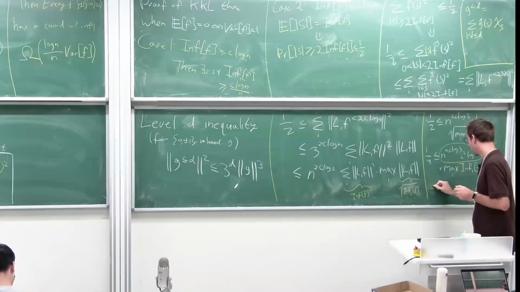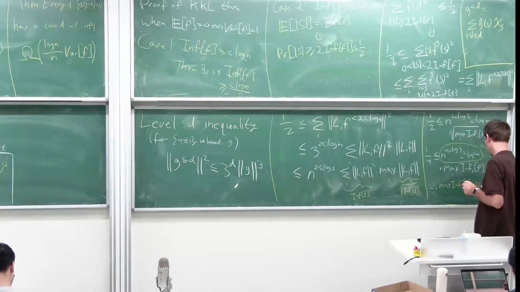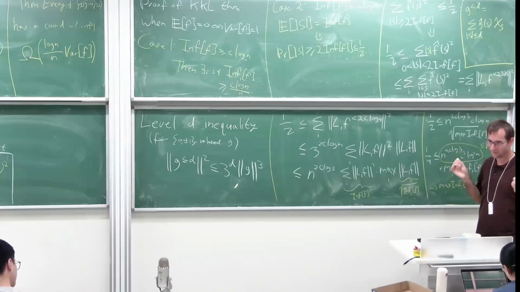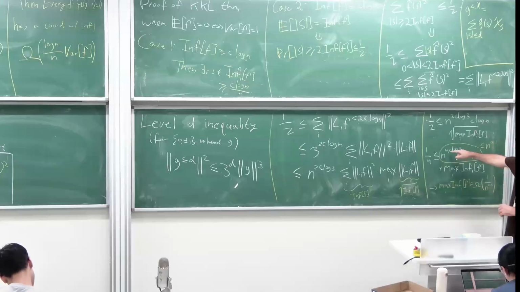And this would imply that the maximal influence is something like 1 over n to the 0.1. So this 0.1 is arbitrary. It can be whatever we want. This is about optimizing the constant. So if we choose c small enough, then we can force the maximal influence to be 1 over n to any power we want. And in particular, this is more than log n over n.